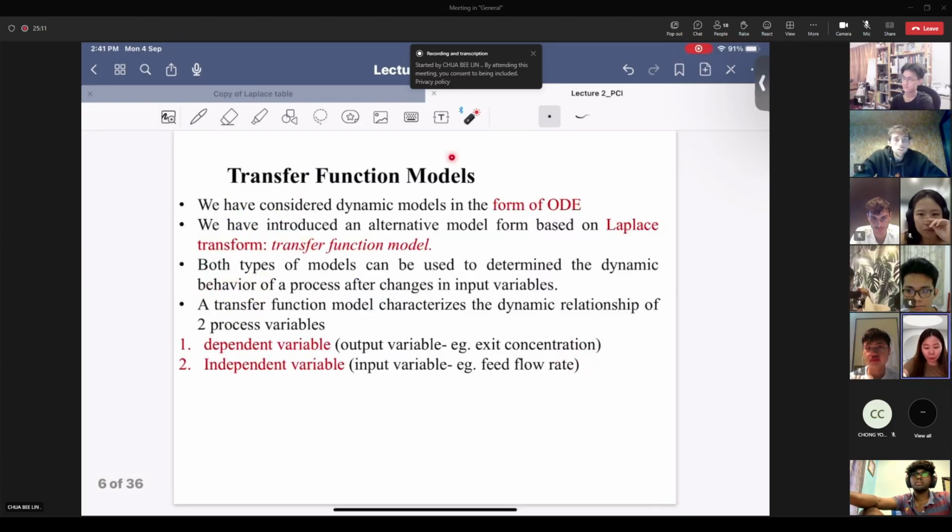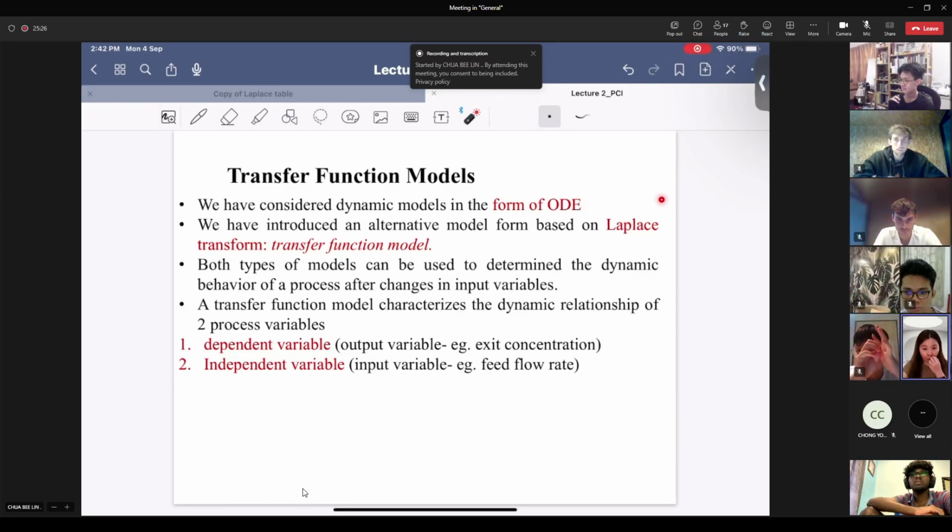So, transfer function models. Last week we considered the dynamic models in the form of ODE. So we will have the ODE equation. First week, we further solved the ODE equation using the integration method to get the dynamic model. This week we have introduced an alternative model form based on Laplace transform, using the transfer function model.